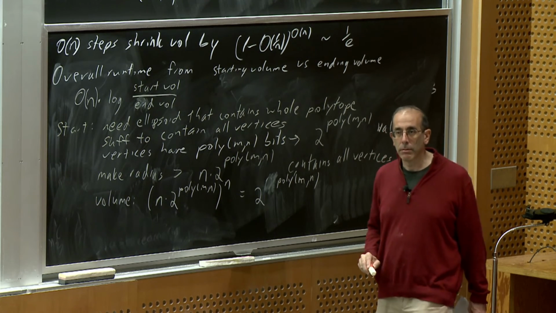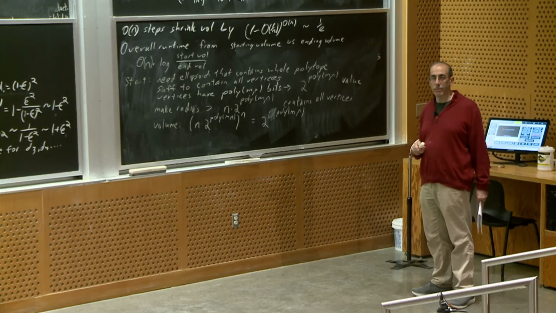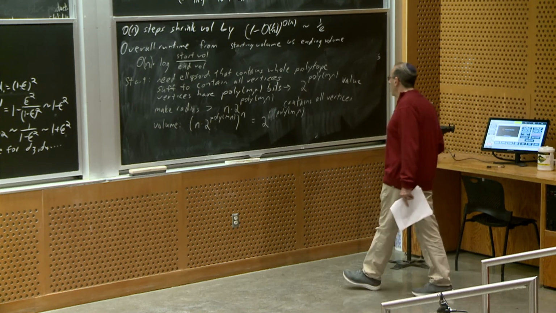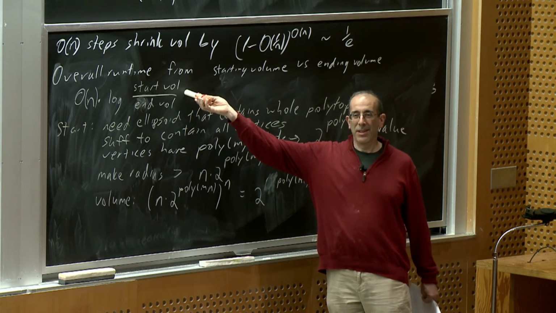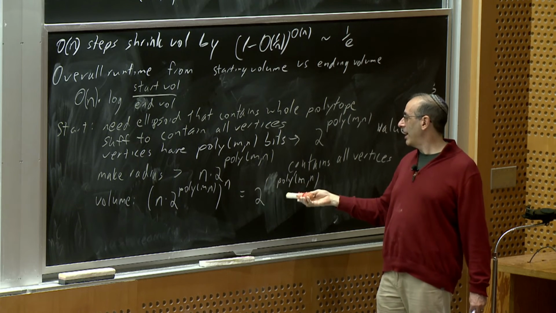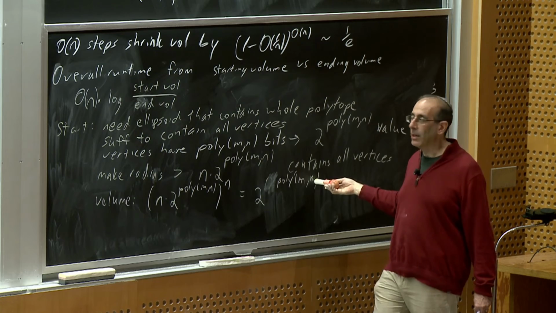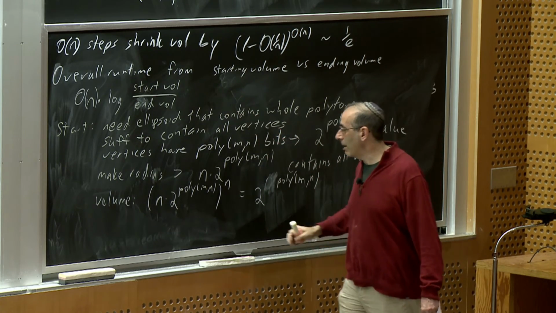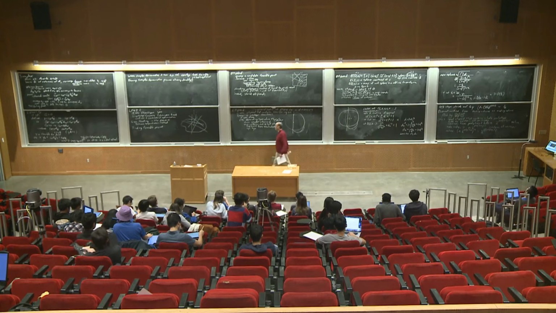Okay? So the initial volume is at most exponential. Okay? Why is that good? Well, when we take the log of that in our runtime, that log of an exponential turns back into a polynomial in m and n. Okay? So at least in terms of starting point, we're okay. We have something that looks like it's going to give us a polynomial.